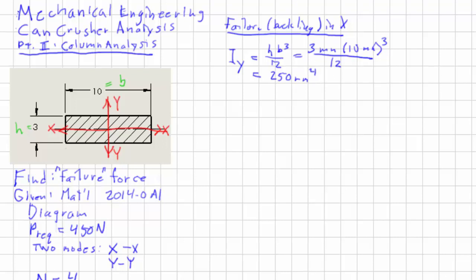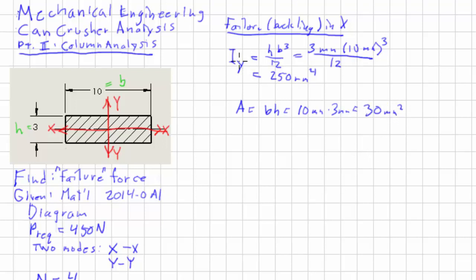R requires the area. Area is going to be the same for both. So area should be simple. Area equals base times height equals 10 millimeters times 3 millimeters equals 30 square millimeters.